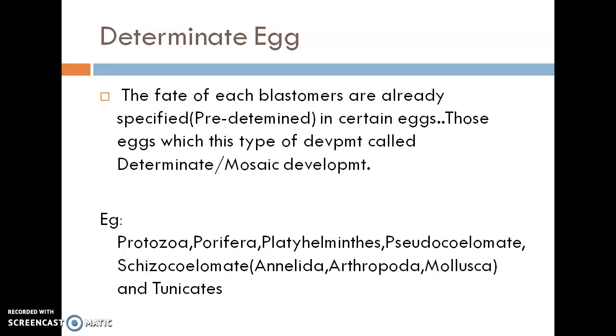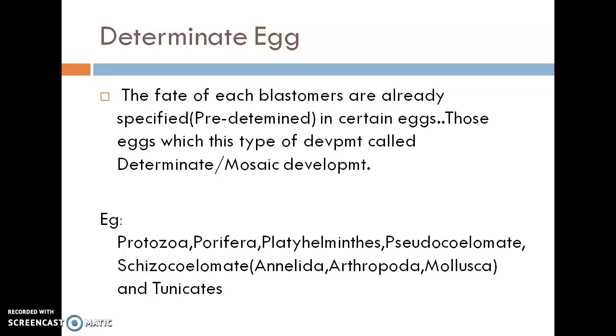For example, in lower organisms like Protozoa, Porifera, Platyhelminthes, Aschelminthes, and also Annelida, Arthropoda, Mollusca, as well as Tunicata, during the development, the zygote develops into different kinds of cells called blastomeres. So the fate of each blastomere is already predetermined. So if we remove one of these, a defective embryo will be formed. So in this manner, the fate of each blastomere is already specified or predetermined. That type of egg is called a determinate egg, and that type of development is called determinate or mosaic development.